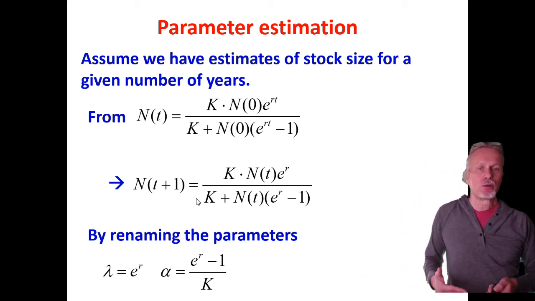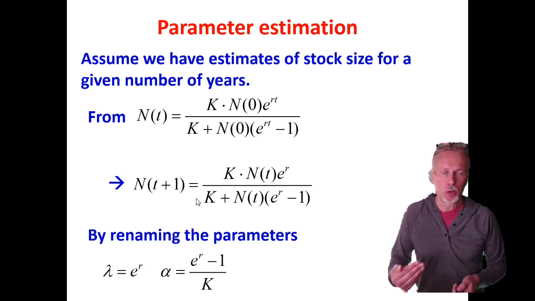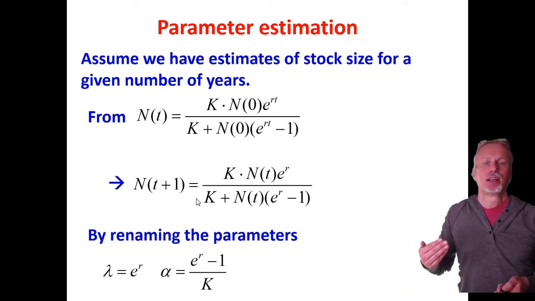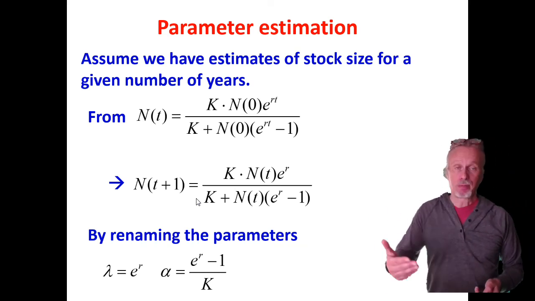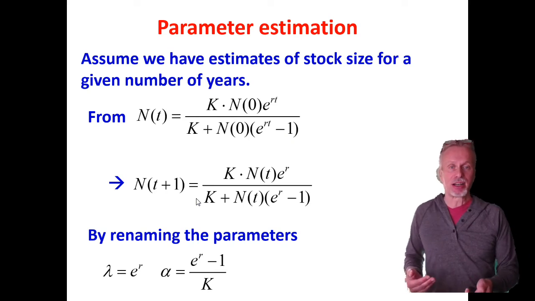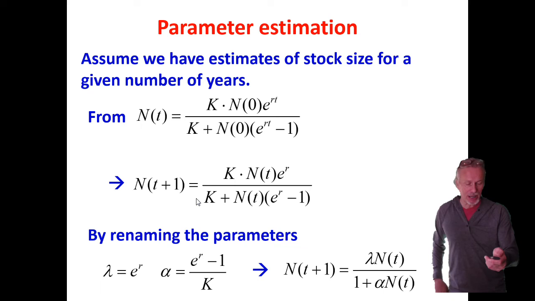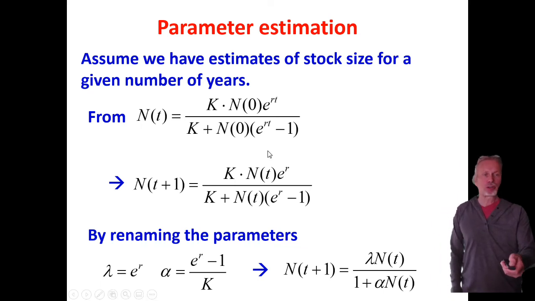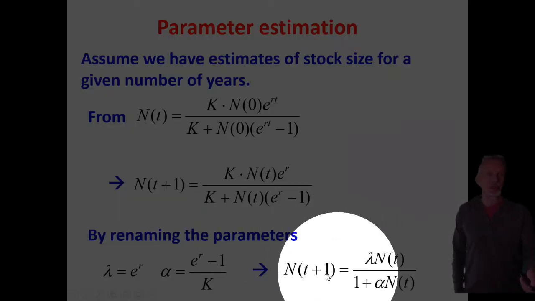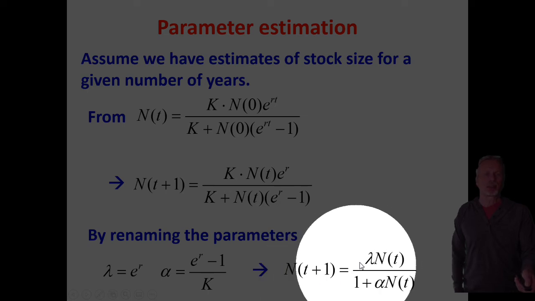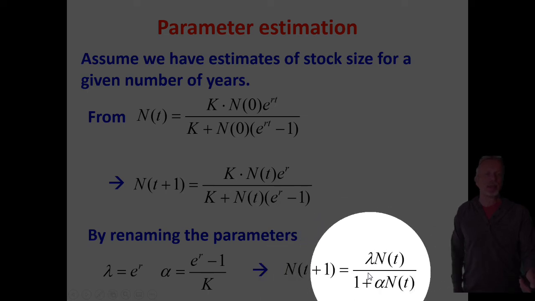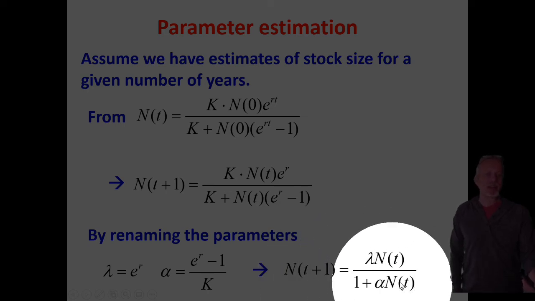And then we derive a parameter that we call alpha, which is e to the power r minus 1 divided by K. And so if we do that, we can derive this recursive model that you can see here, in which N at time t+1 is equal to lambda N divided by 1 plus alpha N.